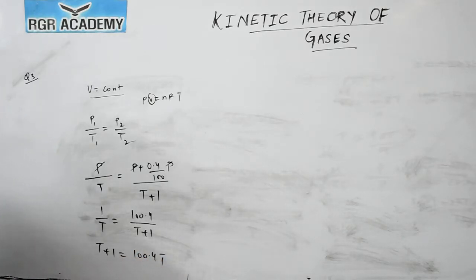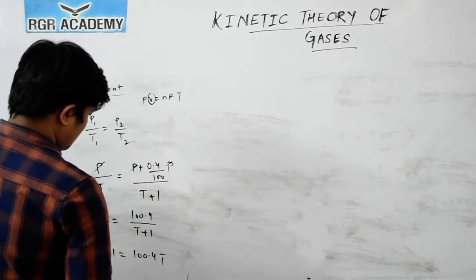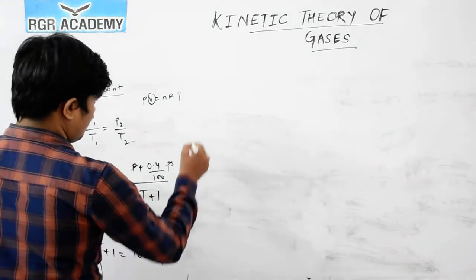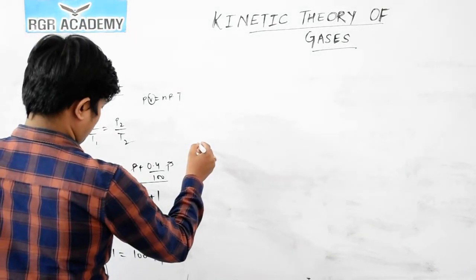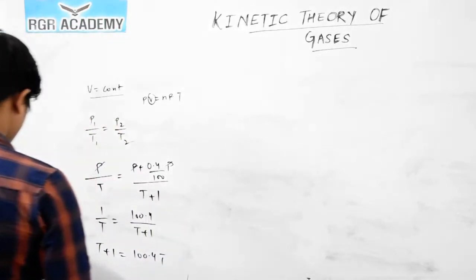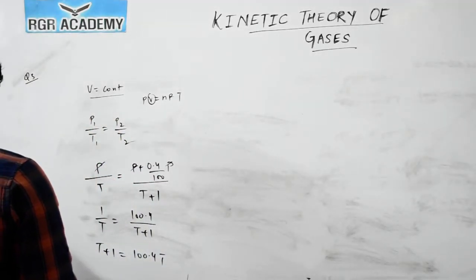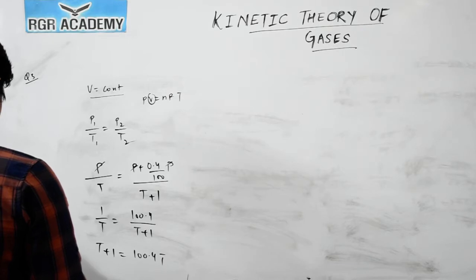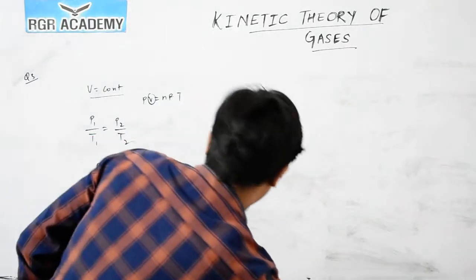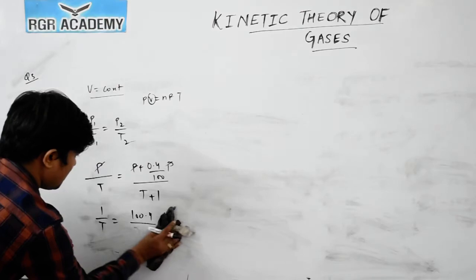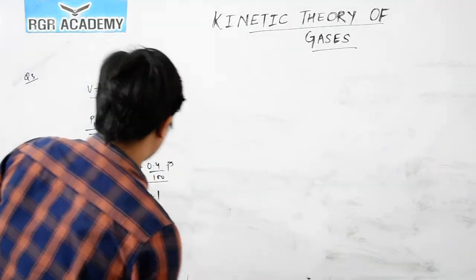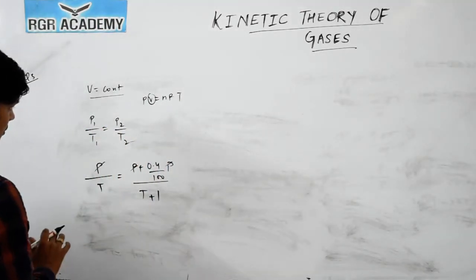So this will be, T plus 1 is equal to 100.4 T. If we solve this, for question number 3, what answer will we get? After solving this, P will cancel out, so that is correct.